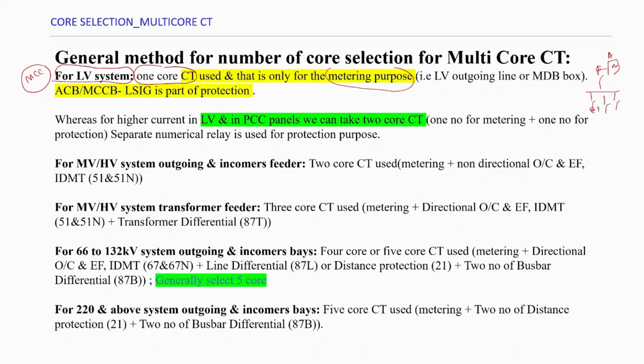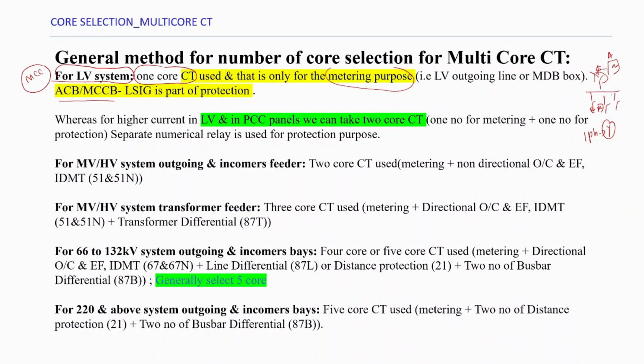Here also the same thing. You might have seen that a single phase CT will be used in the Y phase to measure the single phase current. If you want a 3-phase current, then 3 CTs have to be used, with an ammeter and ammeter selector switch. Other than that, everything like an ACB will have LSIG protection.